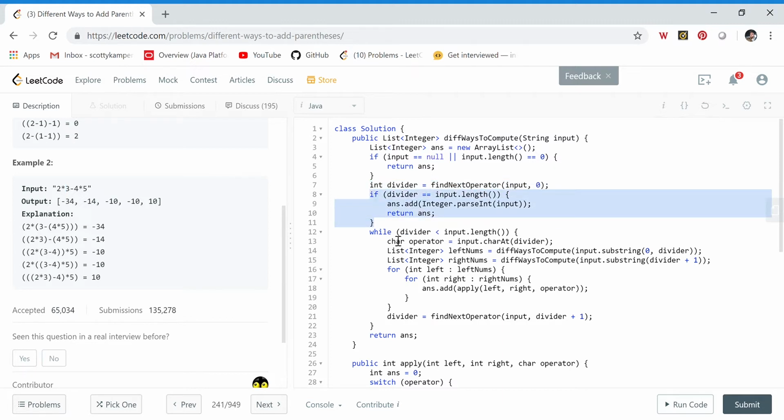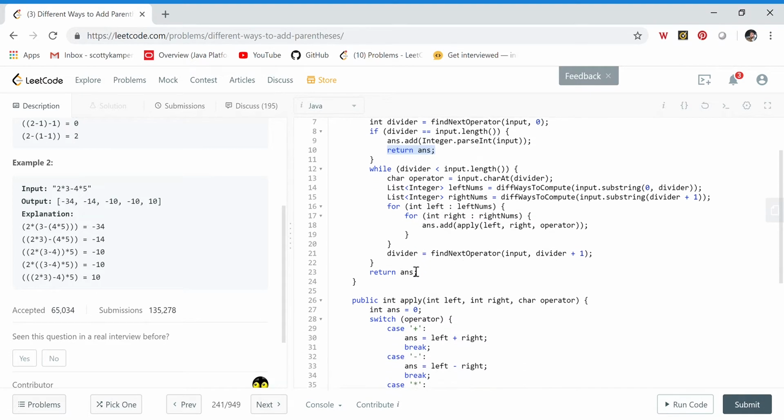Now right here, this basically says, is there a divider in the string? If divider is input.length, so it did not find an operator in the string, then that must mean that the entire string is just a number. So the only answer is that one number. We parse out that integer, add it to the list, and just return it. There's just one possible way. There's no operator in the string, so there's only one way to do it. It's just the one number.